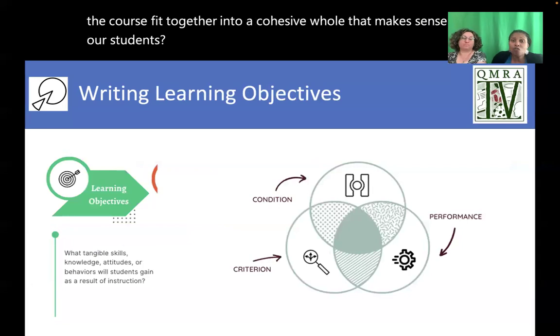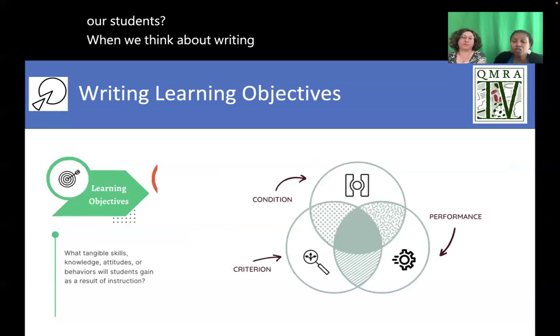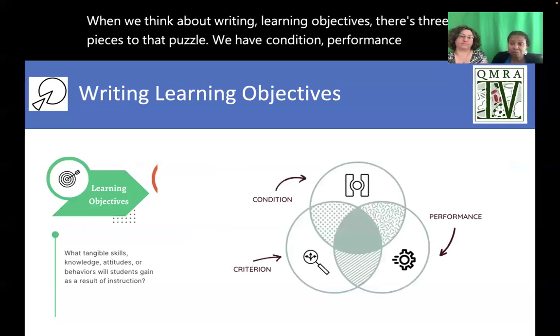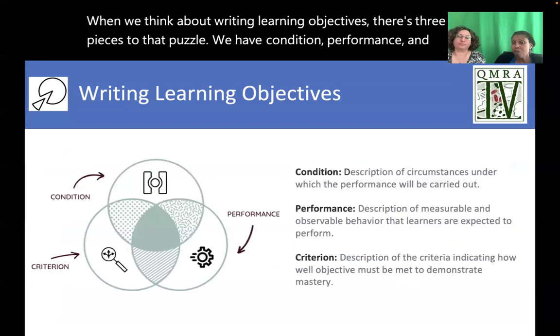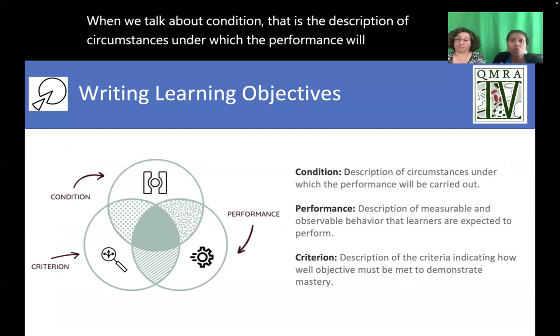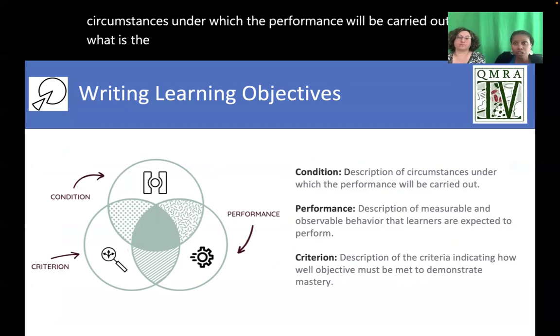When we think about writing learning objectives, there are 3 pieces to that puzzle: condition, performance, and criterion. Condition is the description of circumstances under which the performance will be carried out. So what is the condition under which this learning will occur?